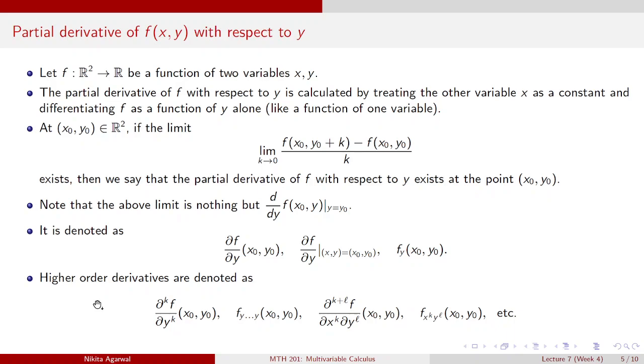And you can also talk about higher order derivatives. The first two are where you are only differentiating with respect to y. But in the third and the fourth, you can also differentiate with respect to both x and y in some certain order. So I will not talk about this at the moment. We will come back to this again. Okay. But the first two you understand.